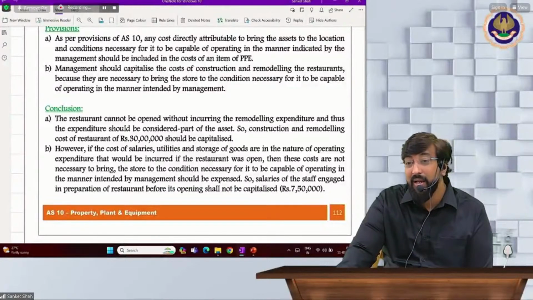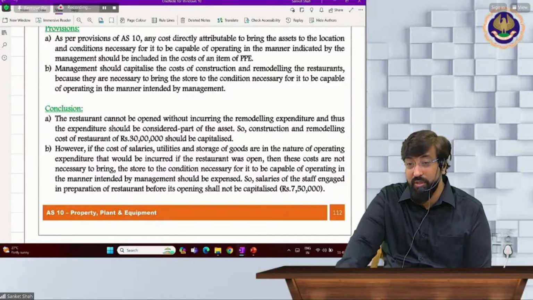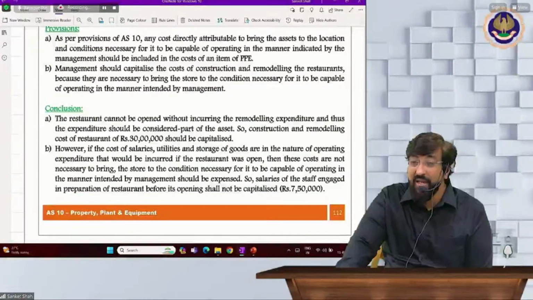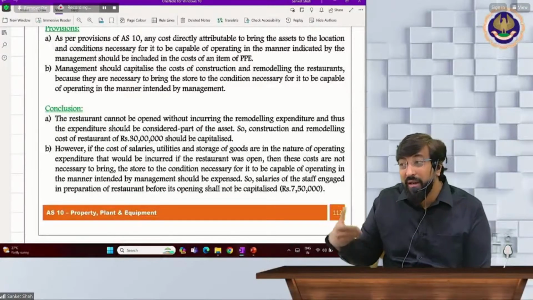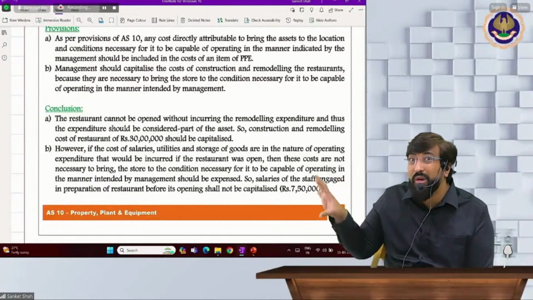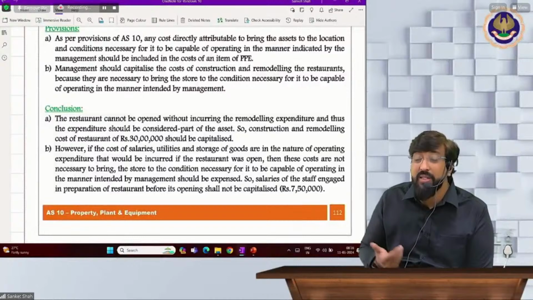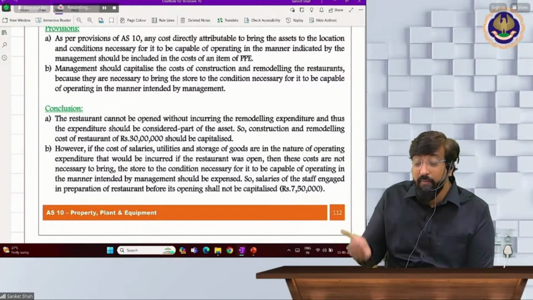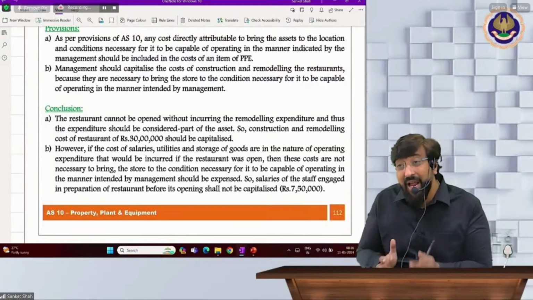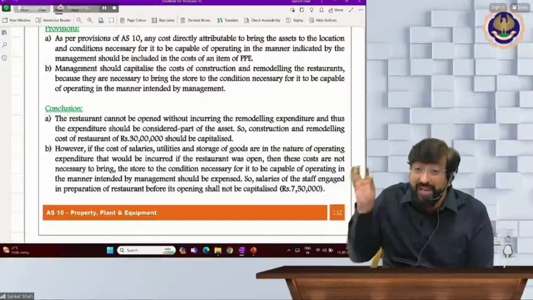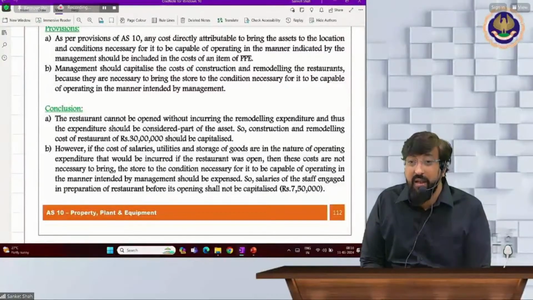See, this salary is not a technical person's salary, Bijuji. This salary is actually what you are paying; these are the renovation expenses. Try to understand the concept. For these renovation expenses, I'm still incurring the salary because I want to retain my employees in the business. How should I capitalize it?